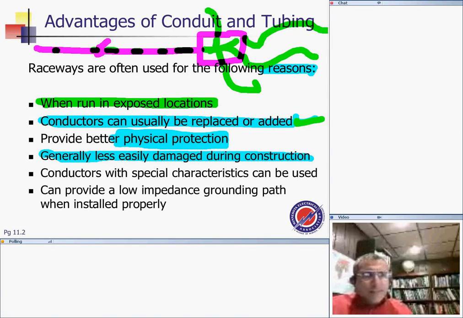Another advantage here, guys: conductors with special characteristics can be used. I can use high temperature conductors, 150 degrees instead of 90 degrees. I guess now the cable manufacturers, my friend Dan, can make any cable with any characteristics that you want. But for the most part, if you have a conduit, you can pull conductors of different temperature ratings.